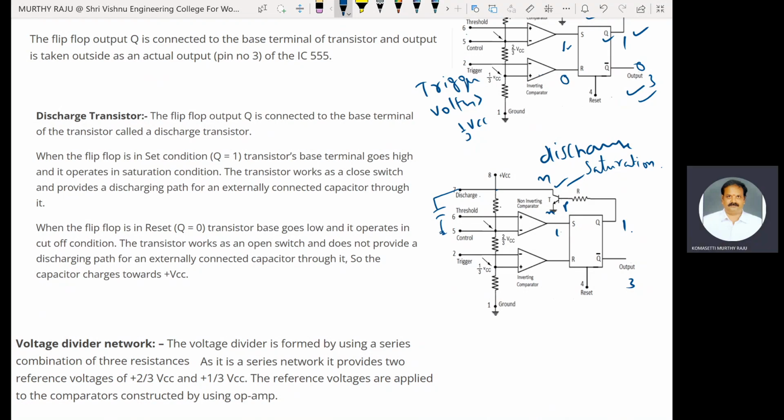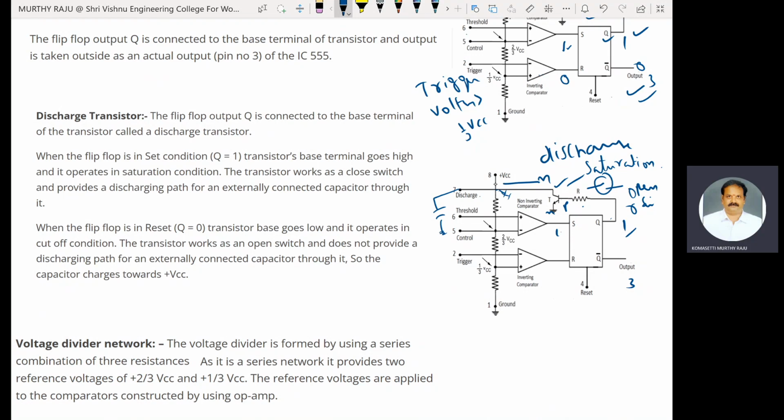When the flip-flop is reset, that is Q is equal to 0, the transistor base goes low and operates in the cutoff region. The transistor works as an open switch. In the previous case, it acts as a closed switch; this one is an open switch. Therefore, the transistor is disconnected from this terminal.